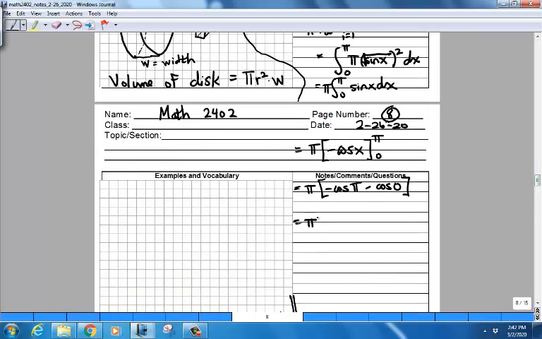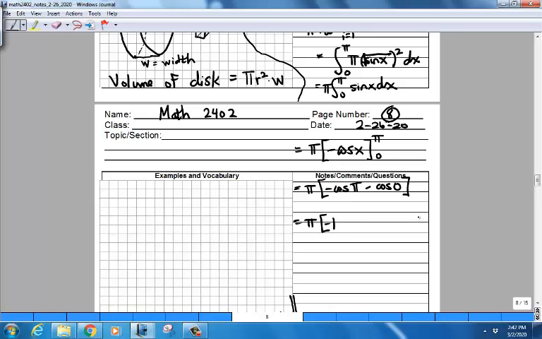Do I remember what these things are? Let's see, what's cosine of pi? It's 1. This would be minus 1, right?